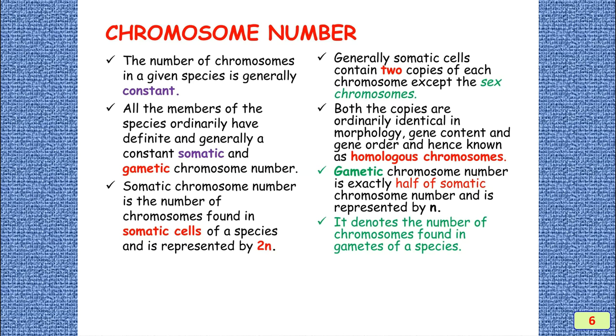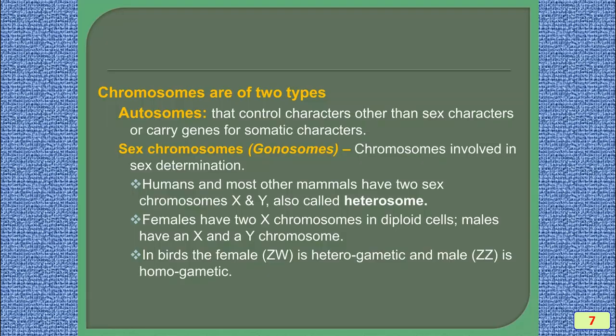Soma means body; body cells contain chromosomes in two sets, whereas the gametic cells, the sperms in a male and the ova in a female, contain the haploid number, or half the number. If both copies of the chromosomes look identical, they are called homologous chromosomes. The gametic chromosome number is exactly half of the somatic number and is represented by n, denoting the number of chromosomes found in the gametes of the species.